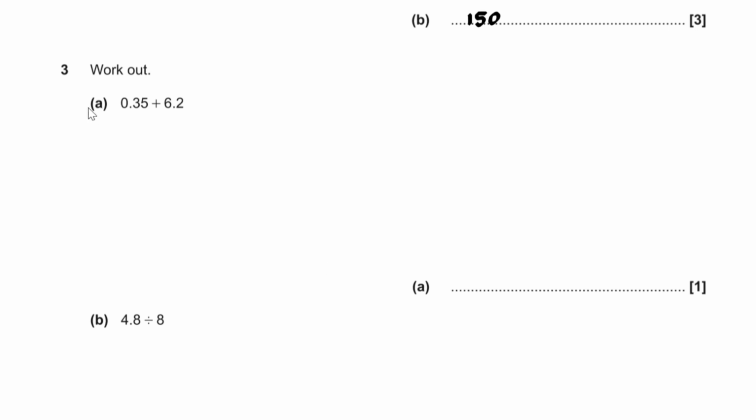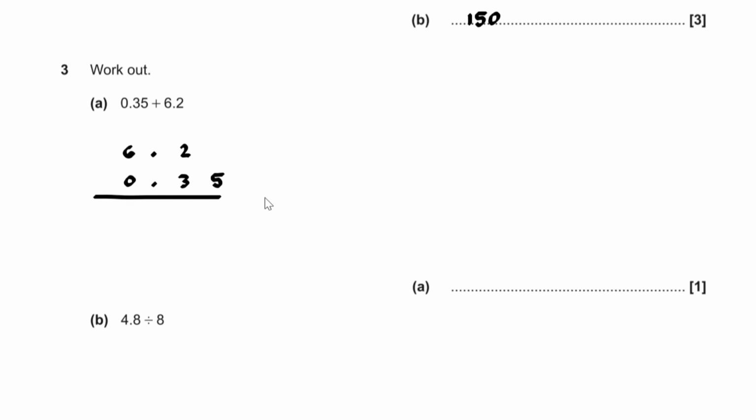Question number 3. We have to work out, for part A, 0.35 plus 6.2. Well, if we use column addition, we have 6.2 being added to 0.35.